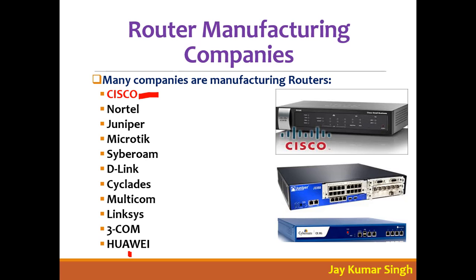Cisco is also the one who generated the training module first, and then other people came. If you know Cisco, you can handle other devices. But if you know other devices, it will be a little bit of a problem to handle Cisco devices, because Cisco is a very user friendly device.